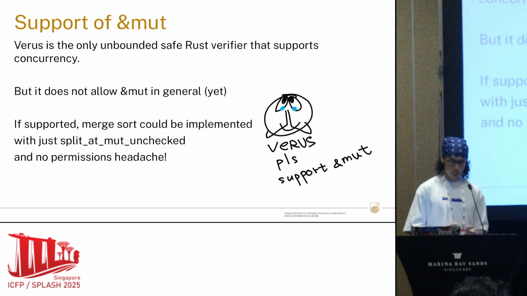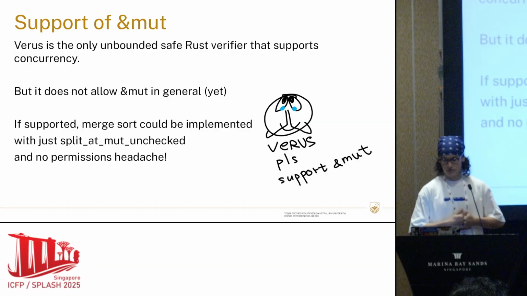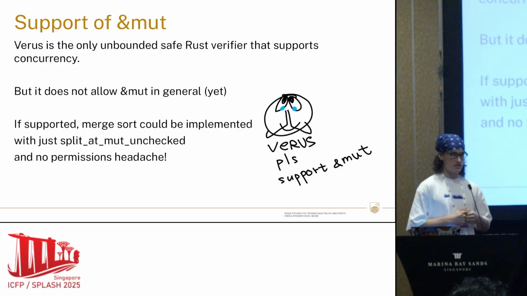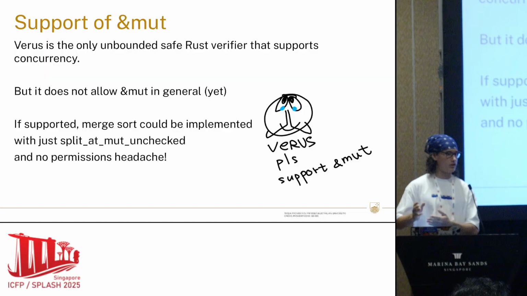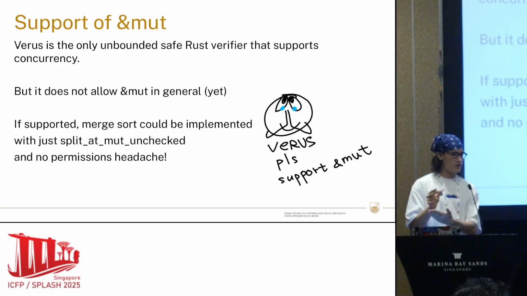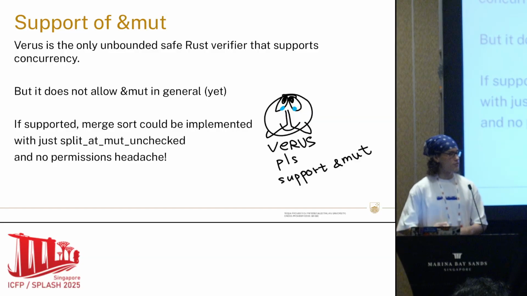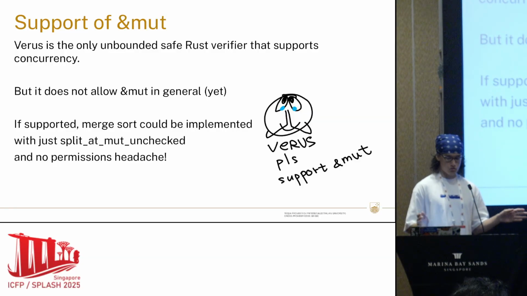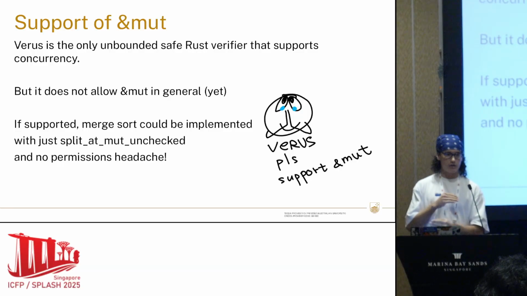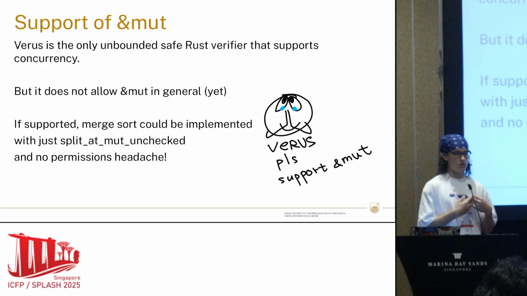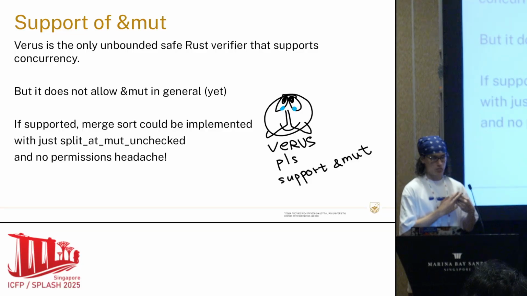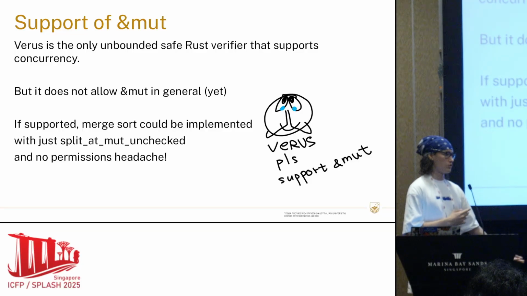Now, what could be improved? What could be improved is that verification frameworks can support mutable references in general, not just in some constrained positions like the first argument of the function, but in general. So you can return mutable references, you can pass them around, you can specify lifetime dependencies between them. So whatever Rust does with mutable references, it would be nice if verification frameworks would support them.